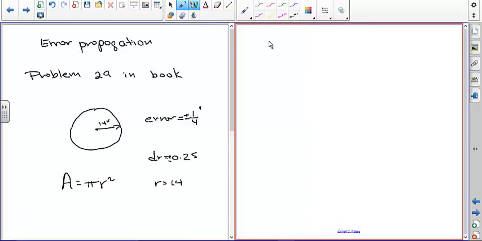The way you handle this or try to use differentials is you would take the length, or the radius in this case, which is a length. The length is going to be equal to 1.4, I guess, and then you'd have plus or minus 0.25.